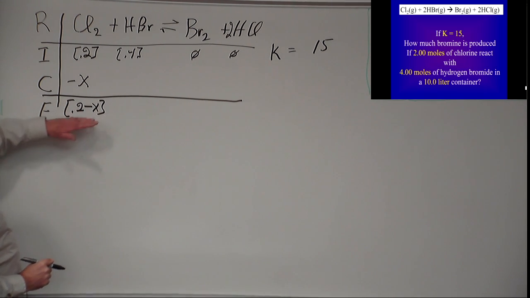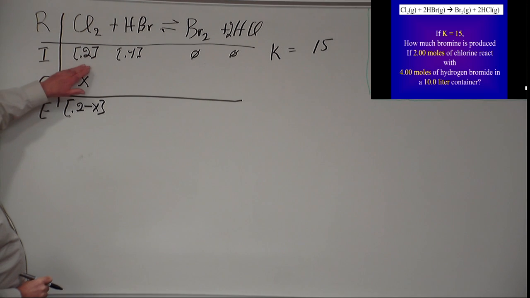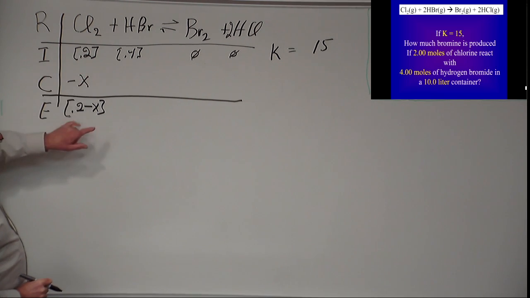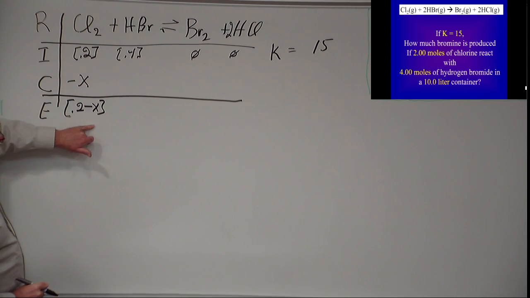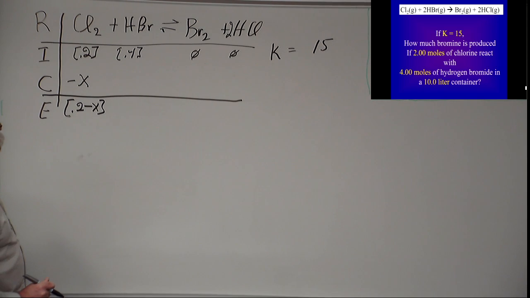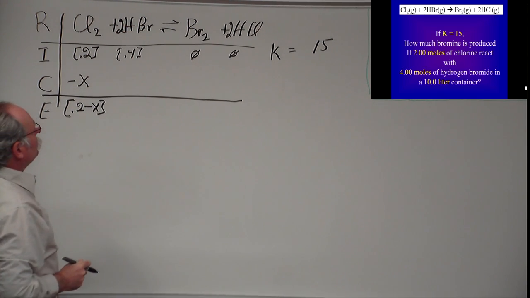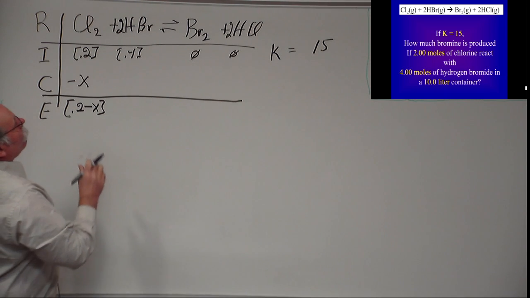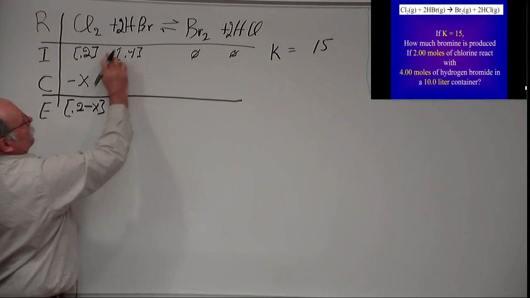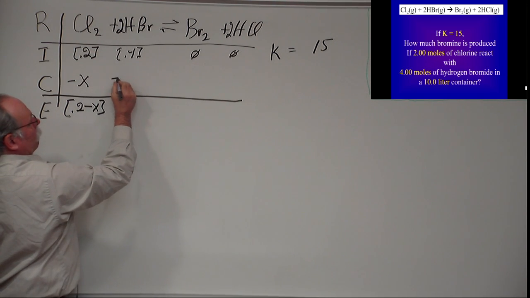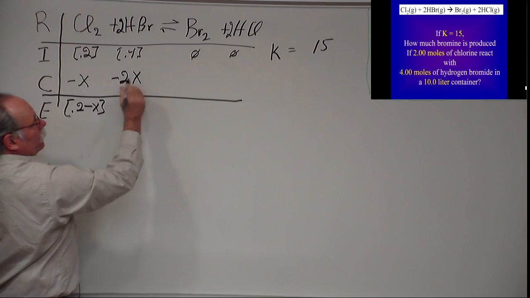Okay? So this is the equilibrium concentration, this is the initial, and this is the change, how much it has evolved as it reaches equilibrium. Now, up here, I can see that I did not properly balance that, there's a 2 HBr there. Every time one of these reacts, 2 of these react, so I have a minus 2x here.